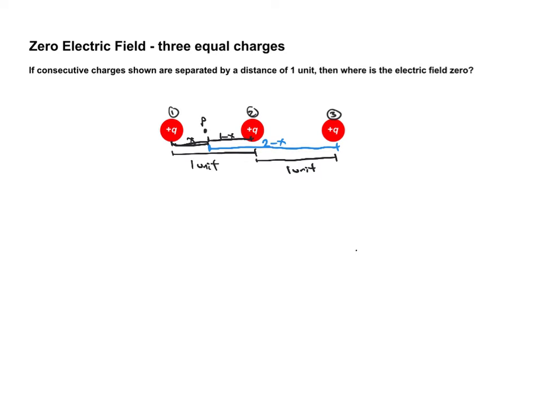Okay, so those are my distances away from each charge. So in terms of setting up my equation, I'm going to need the electric field from charge 1, which pushes to the right. I need that to balance out the sum of the electric field from the other two, which are both pushing to the left.